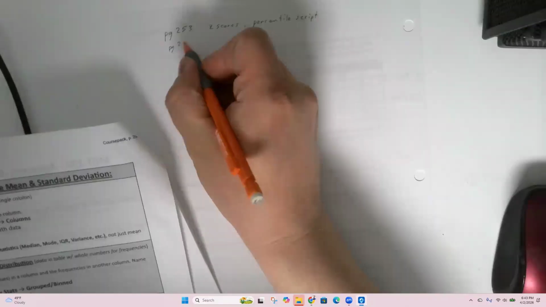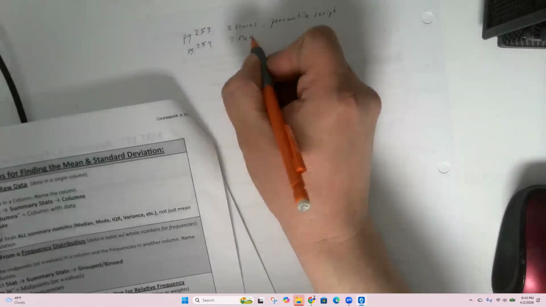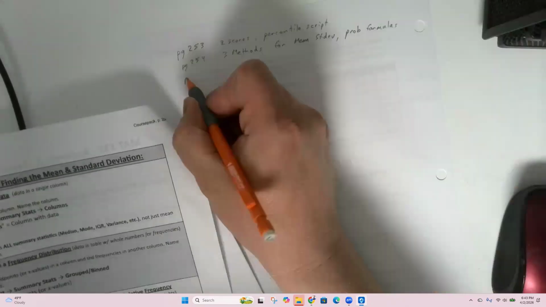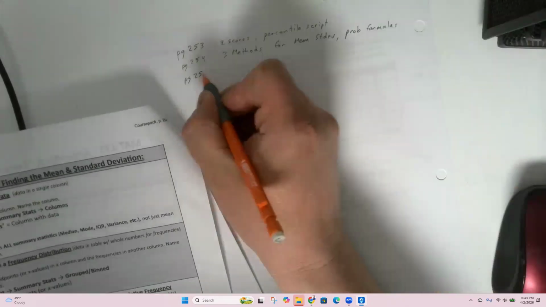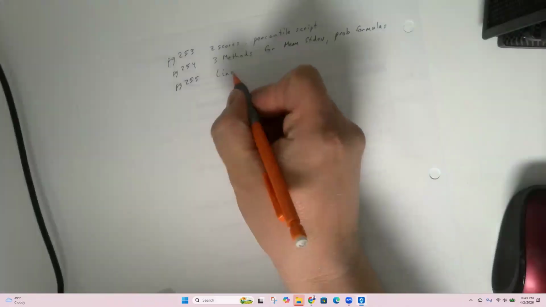Page 254, that was the three methods for mean and standard deviation, right? And then at the bottom of that was probability formulas. Page 255, that was all of our linear regression stuff, right?